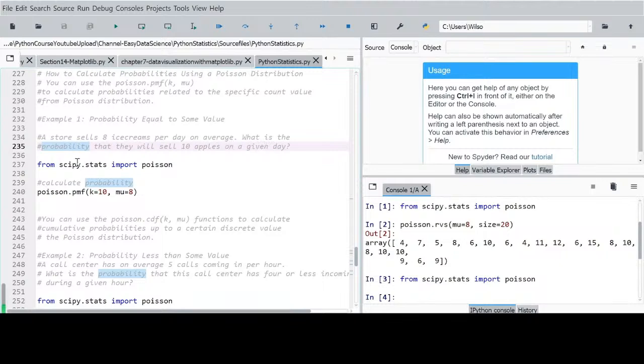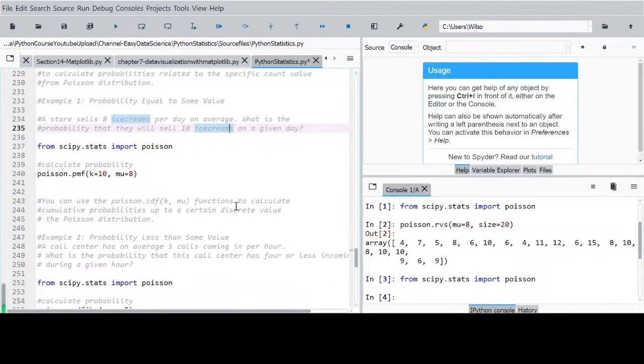So what is the probability that they will sell 10 ice creams on a given day? This question asks for the probability associated with a particular count number. So here this count number is 10.